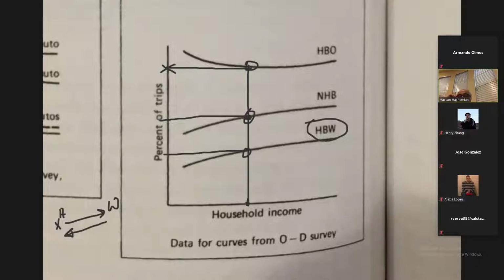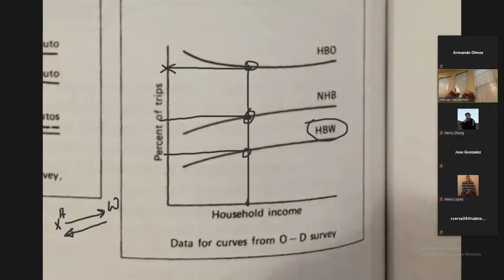So both of these that I showed you are called the cross-classification method. Simply, you try to find the trip rate and multiply the trip rate by the number of households. That's all it is, to figure out how many trips are being made in each category.